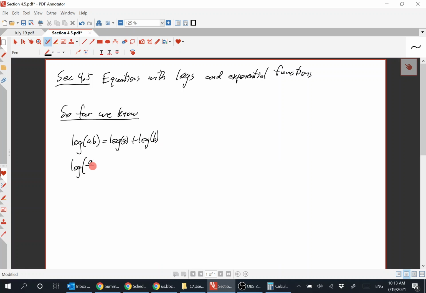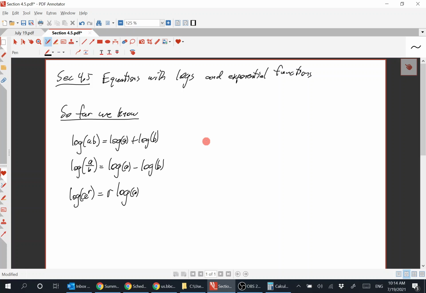The log of a over b is equal to the log of a minus the log of b. The log of a to the r is r times the log of a, and that's an important one.